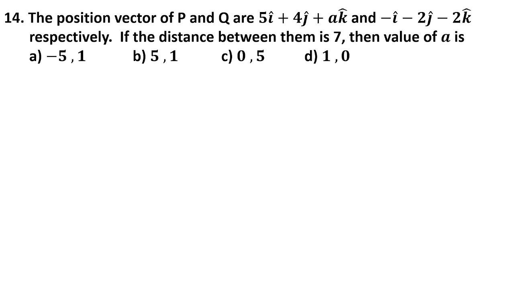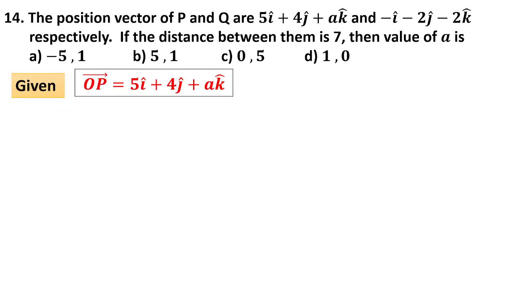Question number 14. The position vectors of P and Q are given. It has been given that the distance between them is 7. You have to find the value of A. We can use the distance formula, because the coordinates of the first point are 5, 4, A, and the coordinates of the second point are minus 1, minus 2, minus 2.